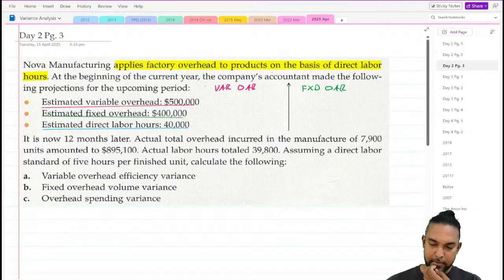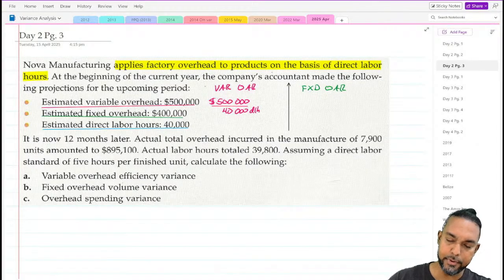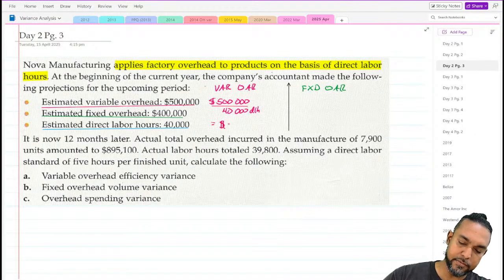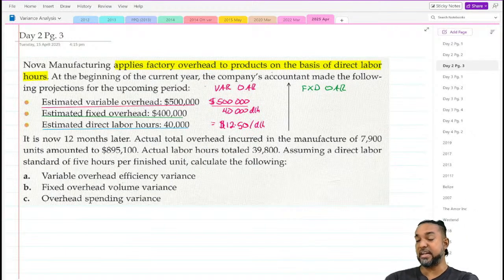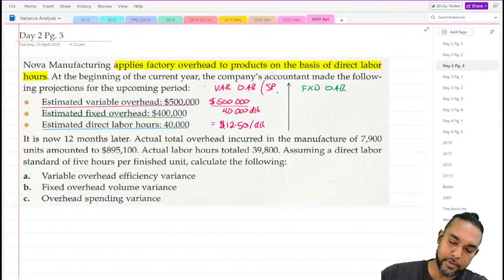All right, cool. For the variable overhead, for the variable OAR, we'll take the $500,000 and divide by the 40,000 direct labor hours. That's going to give us, I think, $12.50 per direct labor hour for variable overhead. That's like your standard price for your variable overheads.